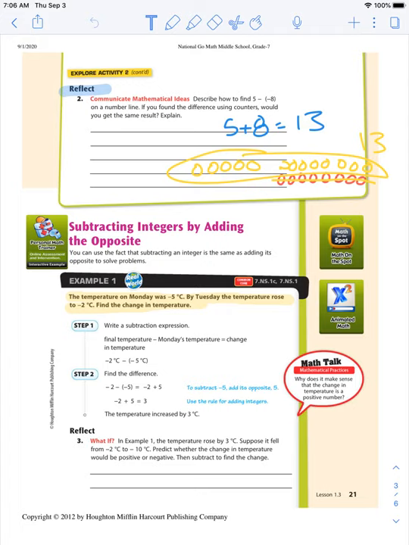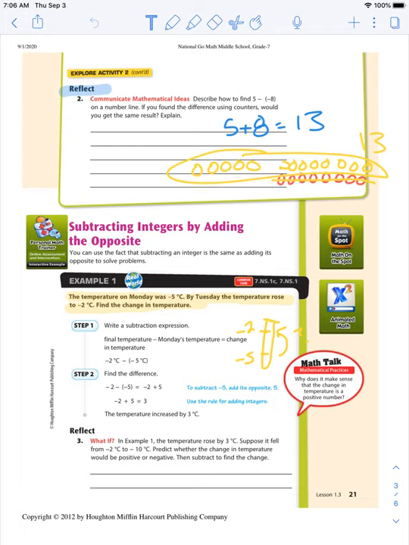Well, a number line would be most appropriate here to model the change. So here's my little thermometer, and I have negative 5 way down here, and it rose to negative 2. I want to know how much it rose to get to negative 2. So we're going to write a subtraction expression: negative 2 minus negative 5.